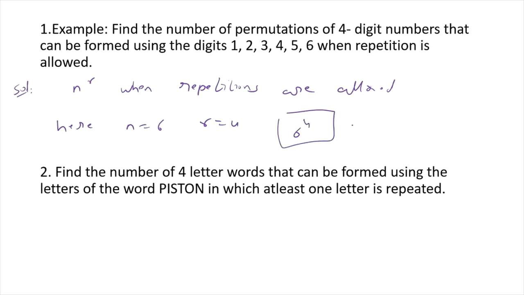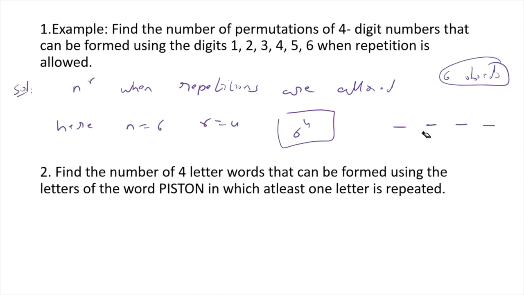So we have to form a 4-letter word or 4-digit number. So 1, 2, 3, 4. So we have 6 objects or 6 numbers. I can fill the first place with any of these 6 numbers. I can fill the second place also with any of these 6 numbers because repetitions are allowed.